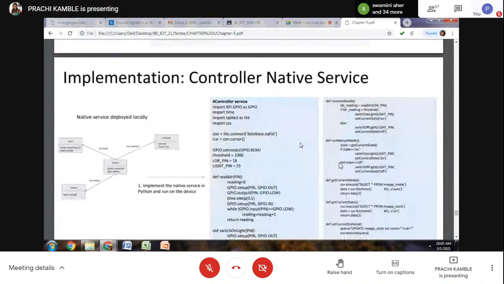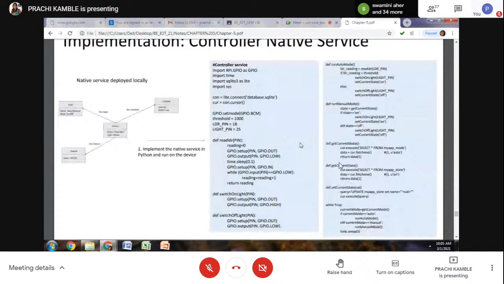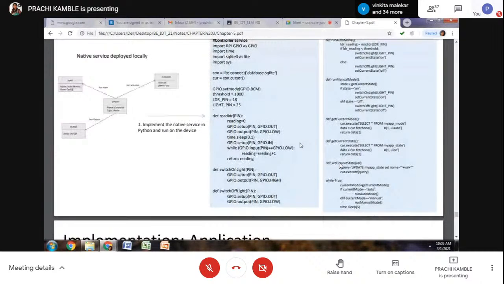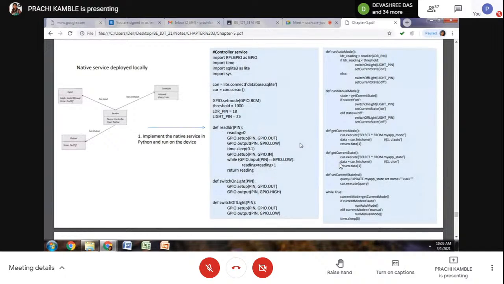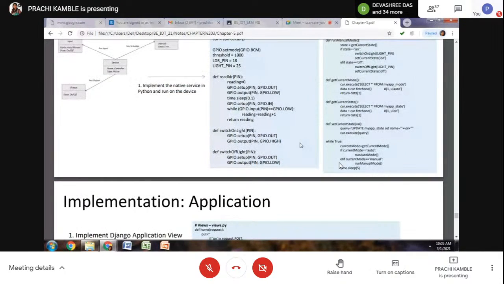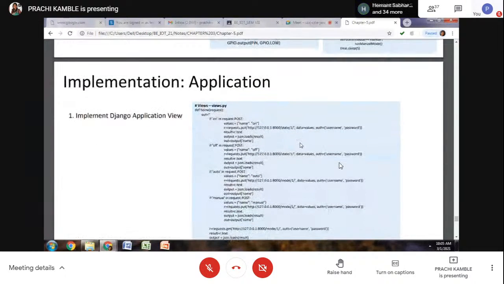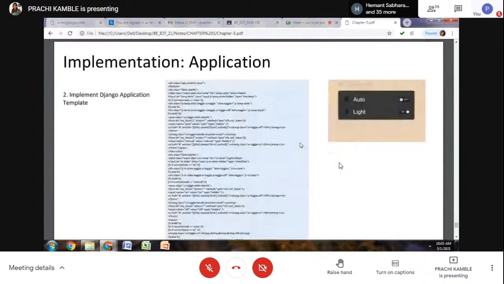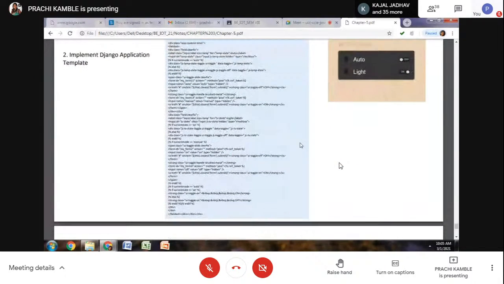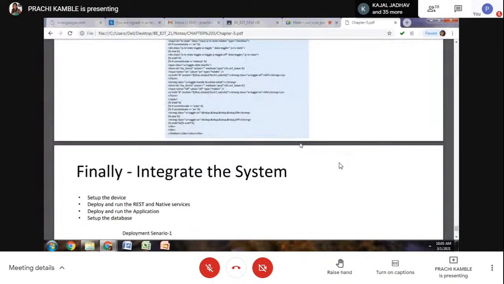And this is the implementation of the controller native services diagram program. Here it is written in embedded C language. Then there is the implementation part: code along with the user interface.